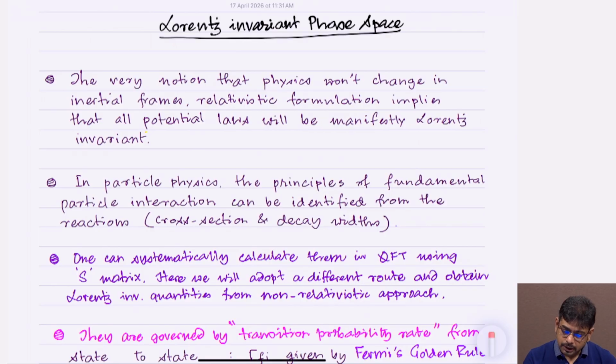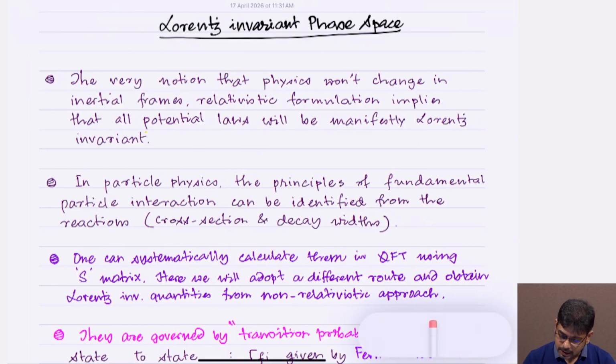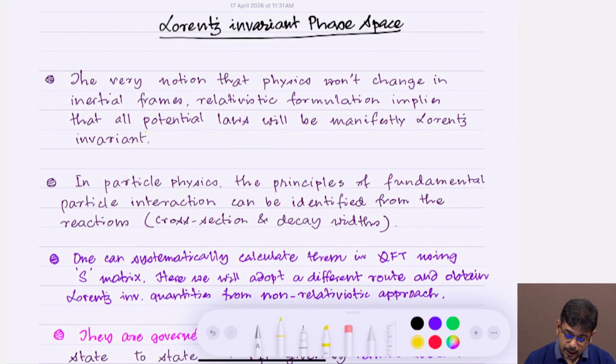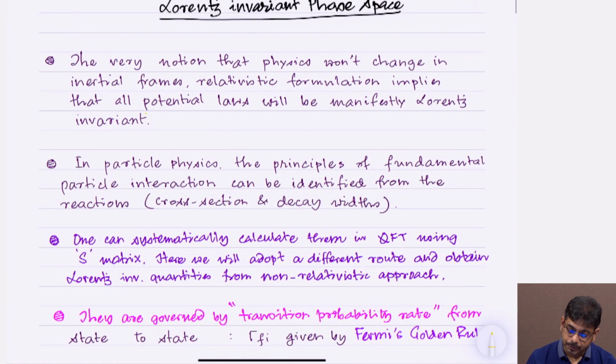The very notion that physics will not change in different inertial frames, the relativistic formalism applies, and it says that the laws of physics will therefore need to be manifestly Lorentz invariant. This is one very important principle which we are going to abide by.